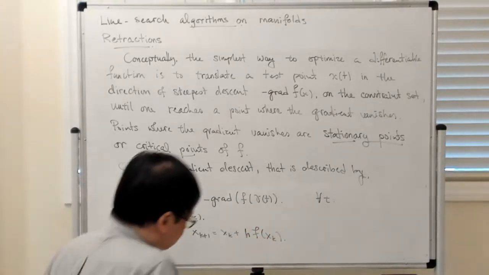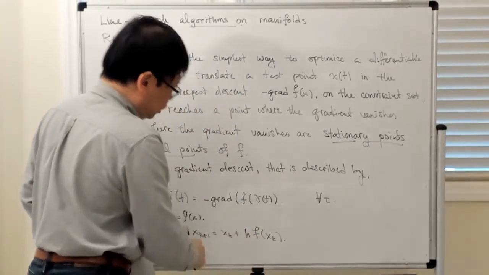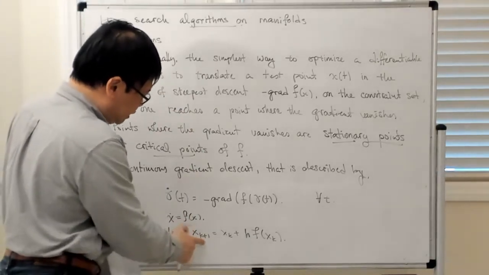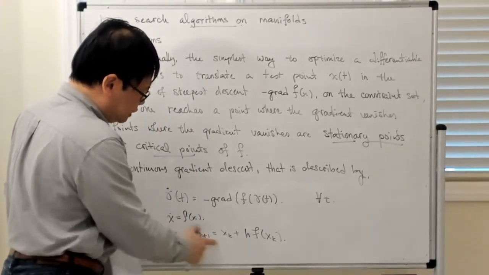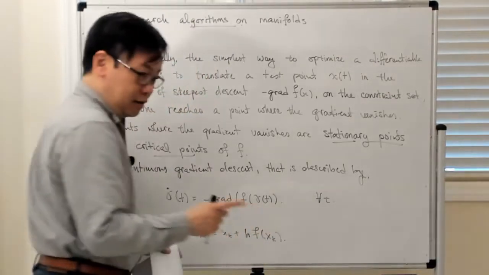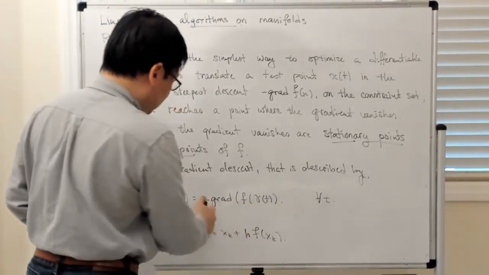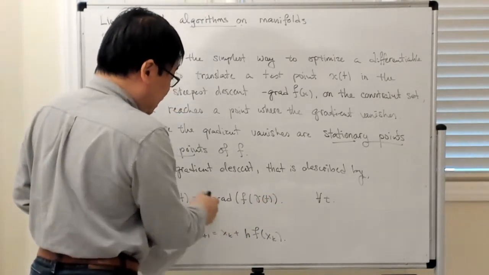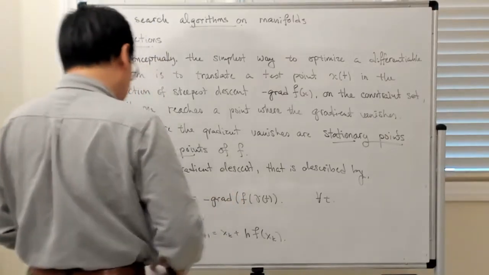So, of course, this looks very much like the line search algorithm, which I just erased, right? The new candidate point is equal to the old candidate point plus some multiple of a vector, if you will. Okay, so here the vector or the search direction, as we talked about before, is negative the gradient of f at that point.